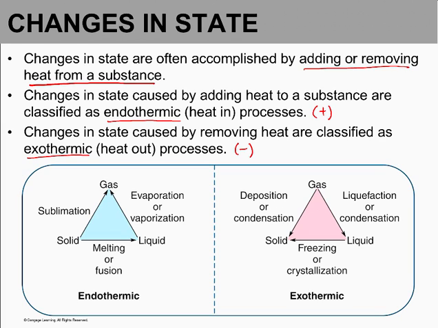So, for instance, in order for a solid to turn into a gas, we need to provide heat. And it is possible for a solid to turn directly into a gas. So, for instance, if you've ever used dry ice before, dry ice is made of carbon dioxide, and it starts out as a solid and then goes directly into the gas phase. So dry ice is actually used at parties sometimes to kind of create a smoky effect.